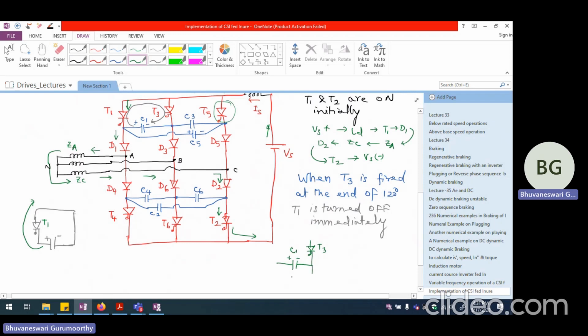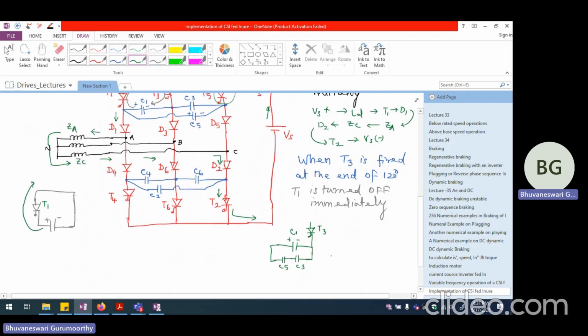So I can draw it as though C3 and C5, both of them are coming in series. So these two are coming in series, and this end is now connected to D1.